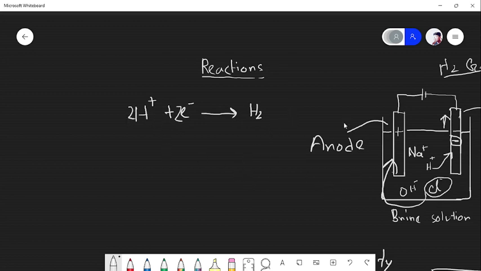And what happens to our chloride? Chloride will donate an electron to the anode and become chlorine gas, and it also leaves, just like the hydrogen gas, it leaves the cell as chlorine gas.